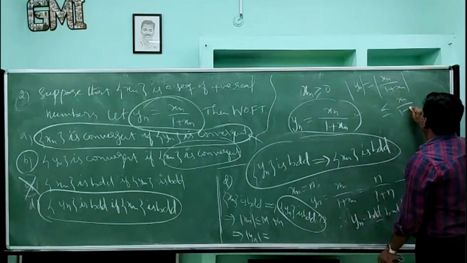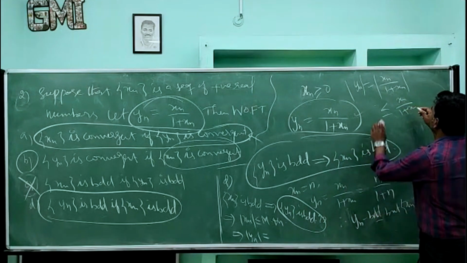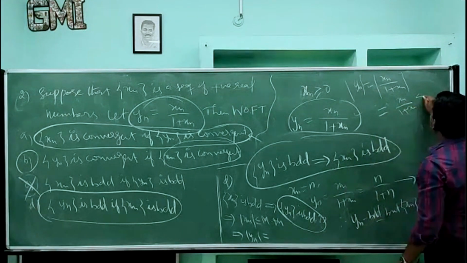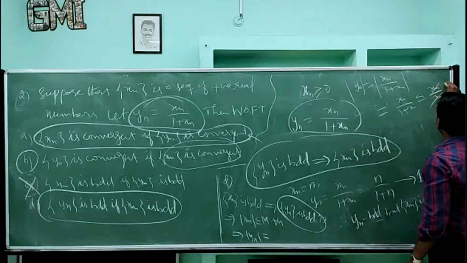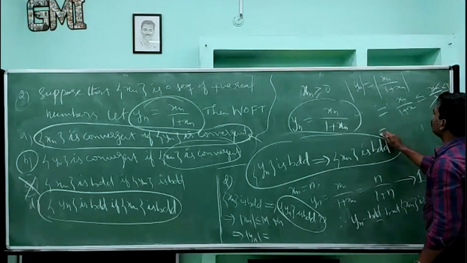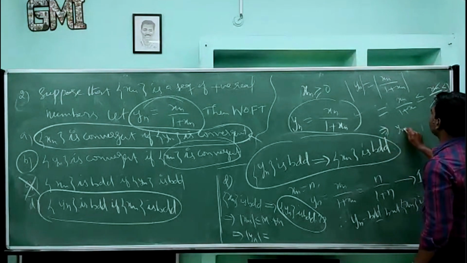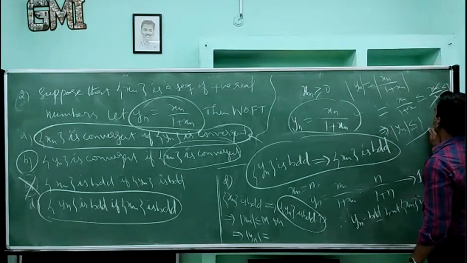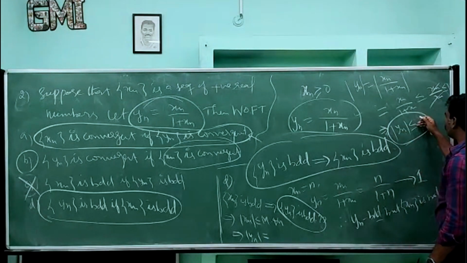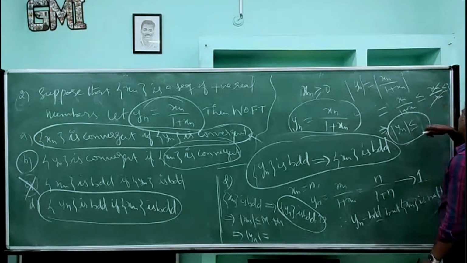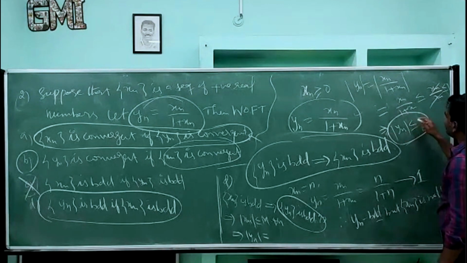So the modulus is just 1 plus xn. The xn cancels, so this is bounded by 1. Clearly yn is less than or equal to 1 always. It need not be 1, it could be 2 or 3, whatever, but here it is less than or equal to 1. Yn is bounded.